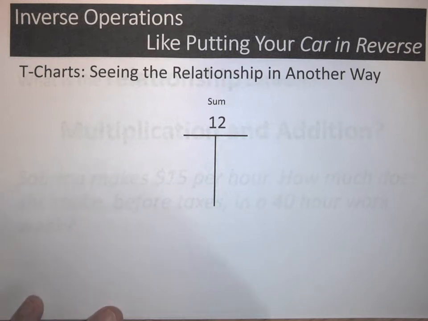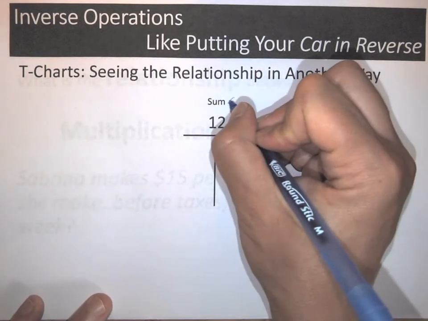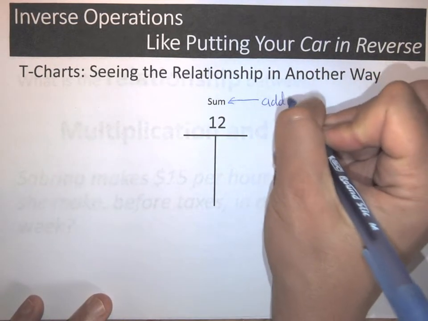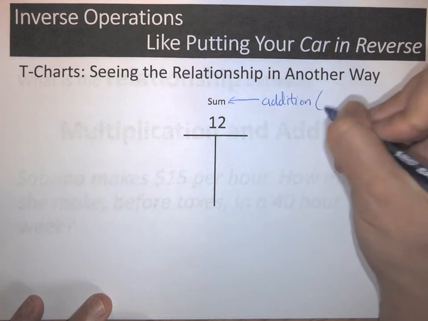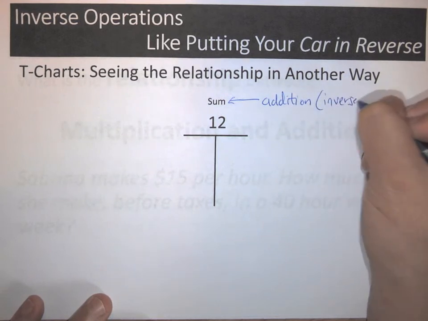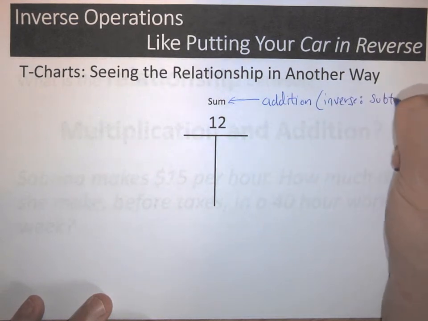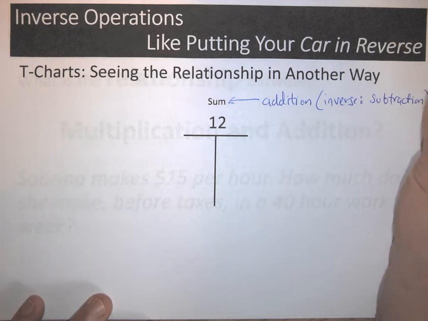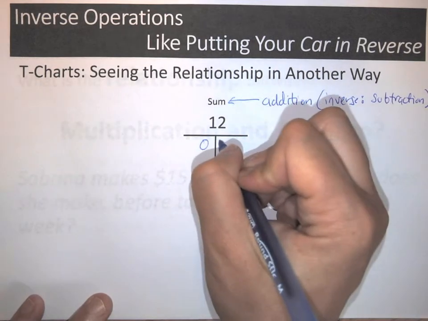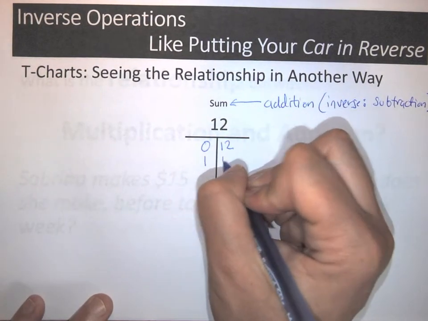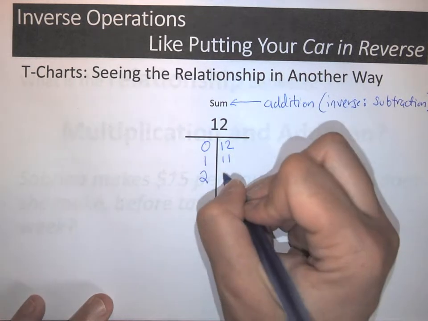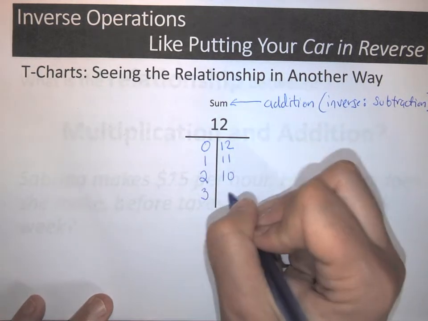All right, so when we're looking at a sum relationship, again, we're looking at addition with the inverse of subtraction. And we can start with 0 and 12, and 1 and 11, 2 and 10, 3 and 9.